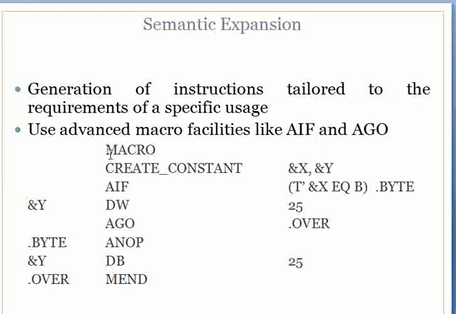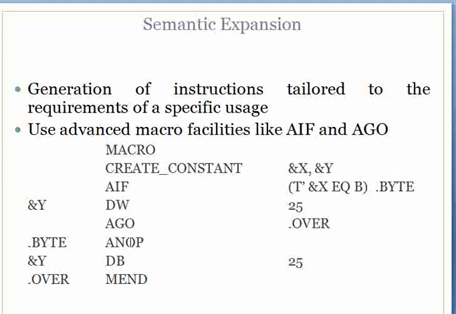Here I've got a macro whose name is create_constant. It has two parameters, x and y. I'm checking if the type associated with the parameter x, this is the attribute, is equal to b, that is byte. Then go to the line where .byte appears as a label.